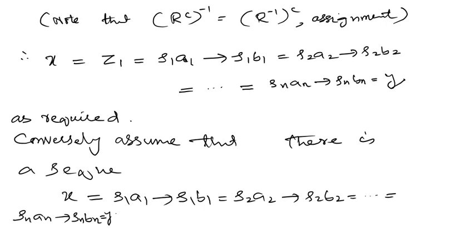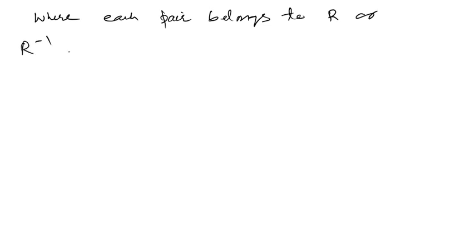Suppose this is where each pair a_i b_i belongs to R or R inverse. Each pair is in R or R inverse.